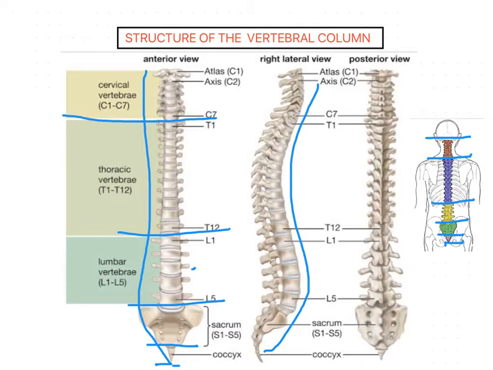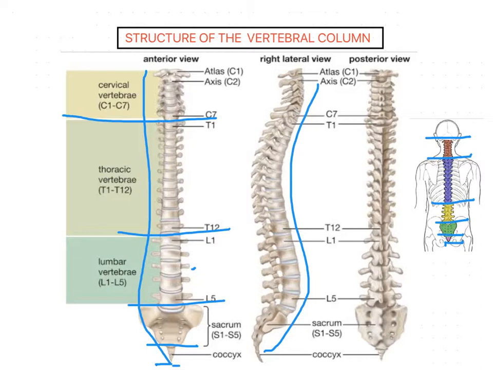In these regions, all the vertebrae are attached to a common basic structural design, but they show some regional variations. The vertebrae present in one region are not the same as in the other region.